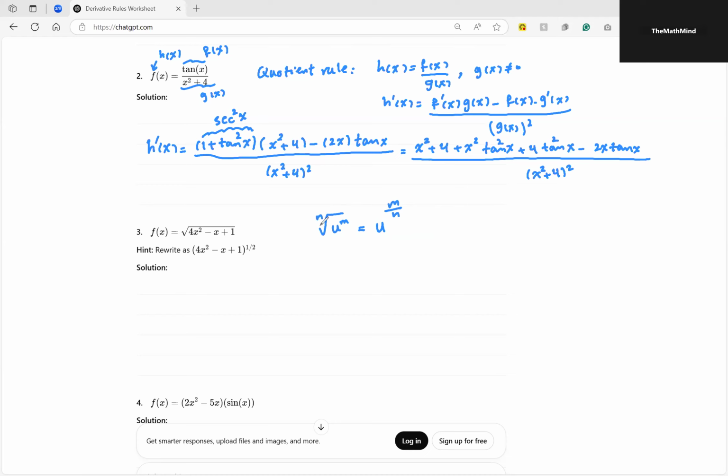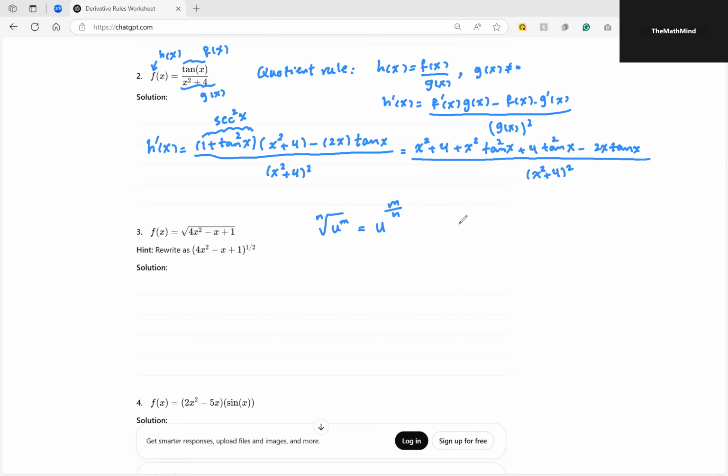So it means any radical with any root or power under the radical can be written in this form using the exponent in fractional form. Okay, now we're going to use the chain rule.